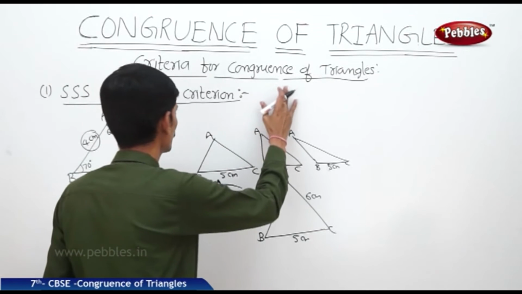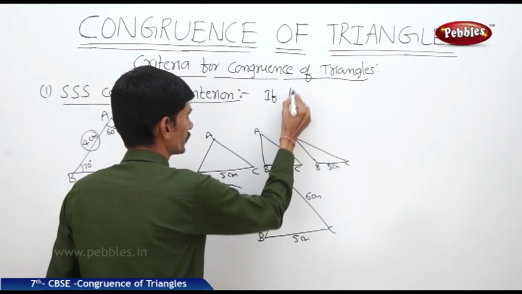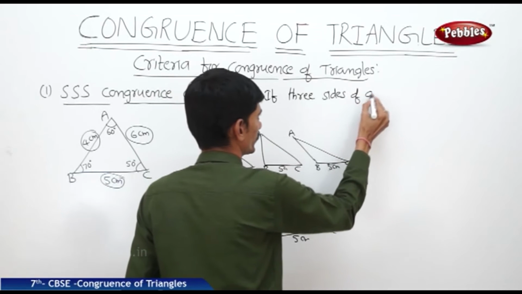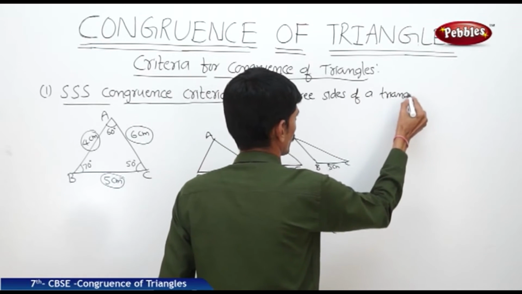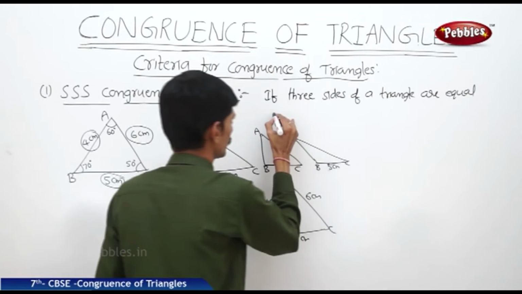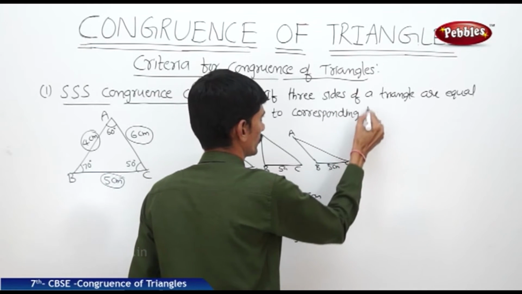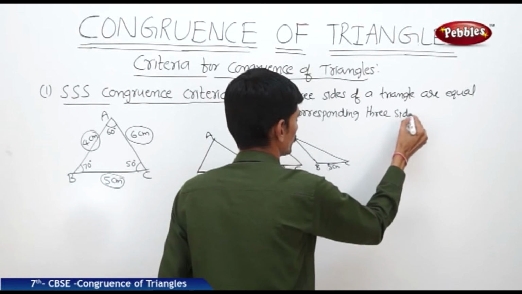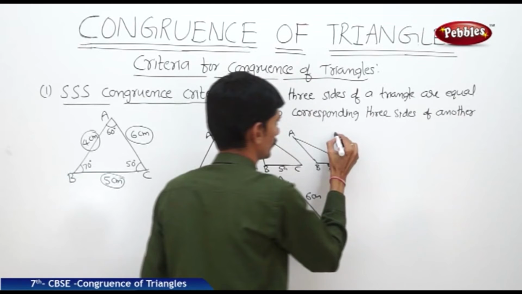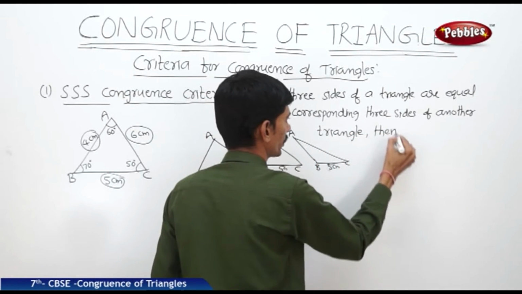So we can write the statement of the SSS congruence criterion: if three sides of a triangle are equal to the corresponding three sides of another triangle, then the two triangles are congruent to each other.